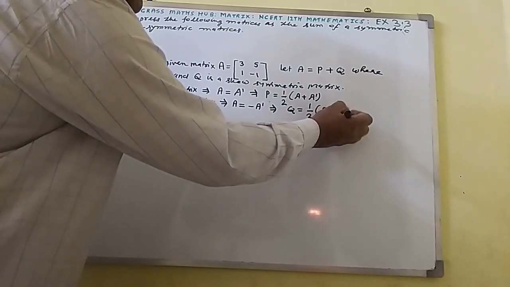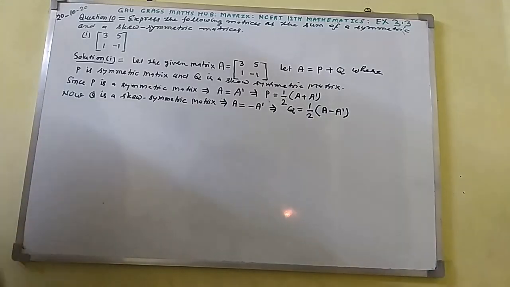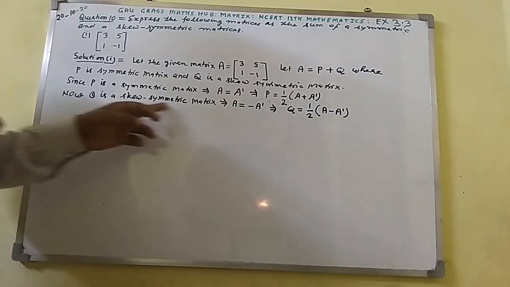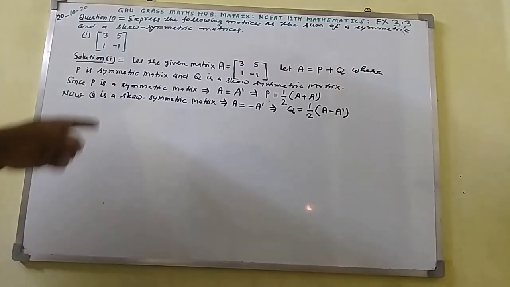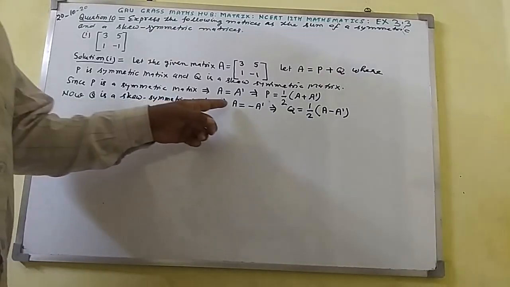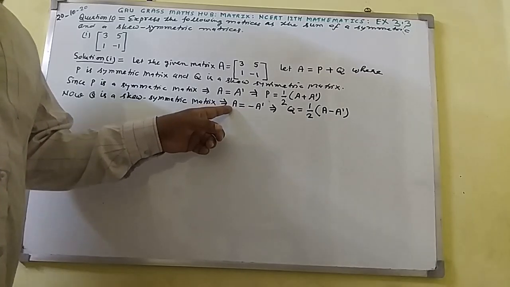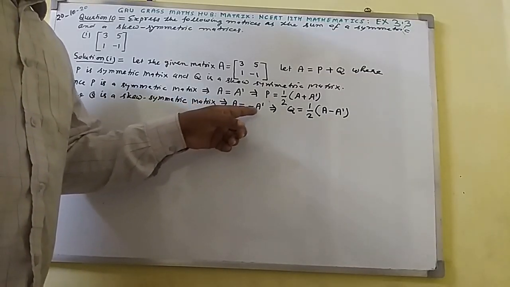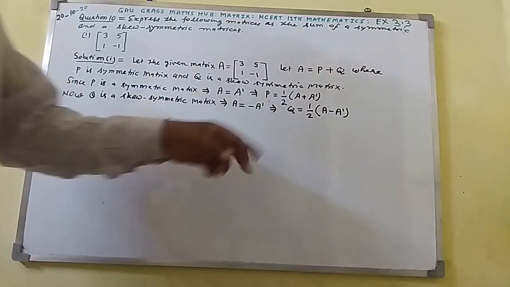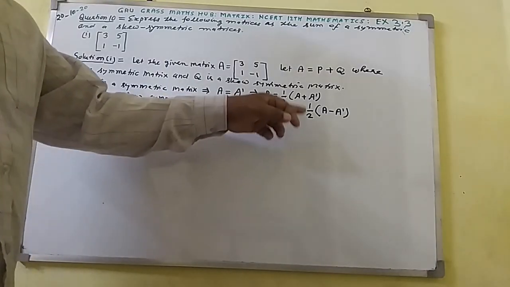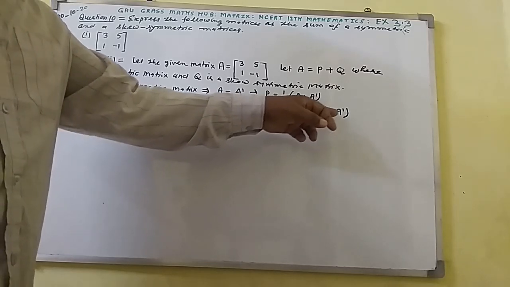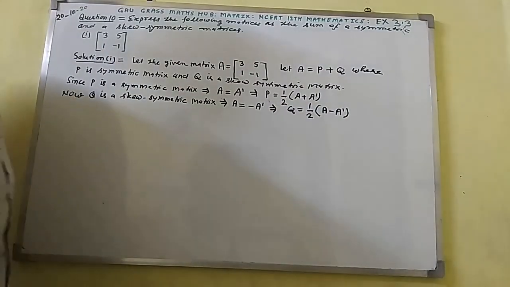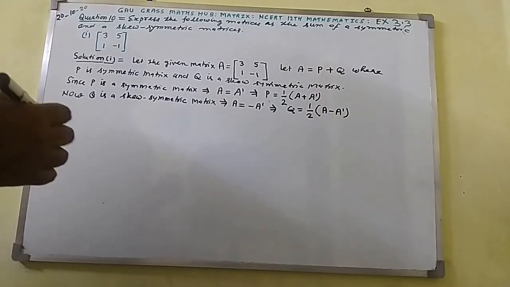This is the formula you must remember. For a skew symmetric matrix, A equals minus transpose of A, which implies Q equal to 1 over 2 in bracket A minus transpose of A, bracket close.